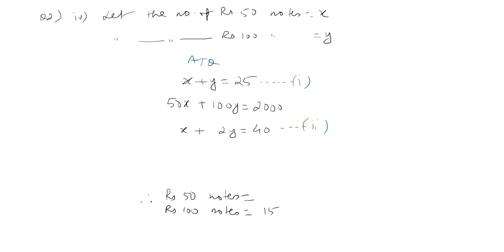I think this will be the answer, so you can tally it when you solve it. Any kind of doubt, further queries if you had? No? Okay. So now move to the next question.